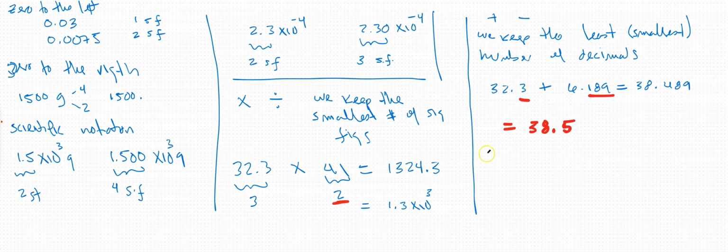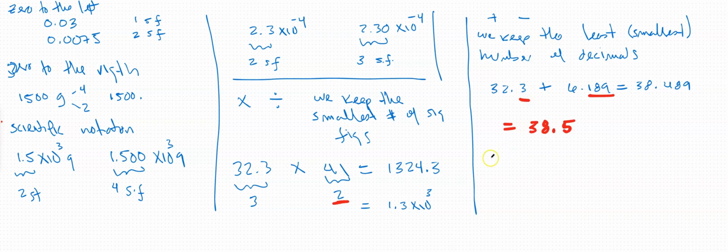And then you do the same with subtractions. So for addition and subtraction, what matters is the number of decimals, not the number of significant figures. We chose 38.5 not because it has 3 significant figures, but because it has 1 decimal.